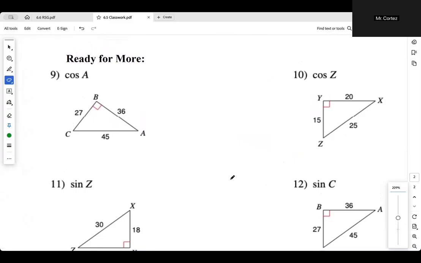So I'm imagining I'm in angle A. So I'm posted up here. Opposite of me. What's the side opposite of me? 27. Nice. And my adjacent would be the 36. Recall that with cosine, this is the CAH ordeal.